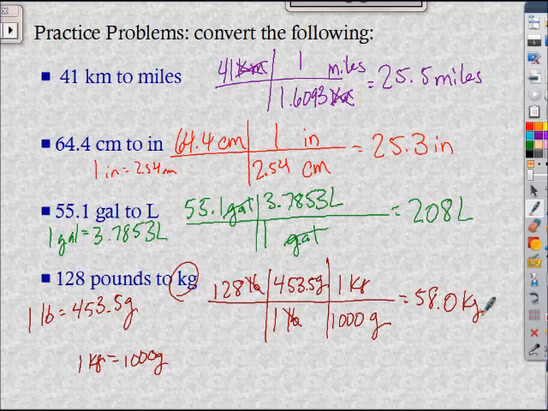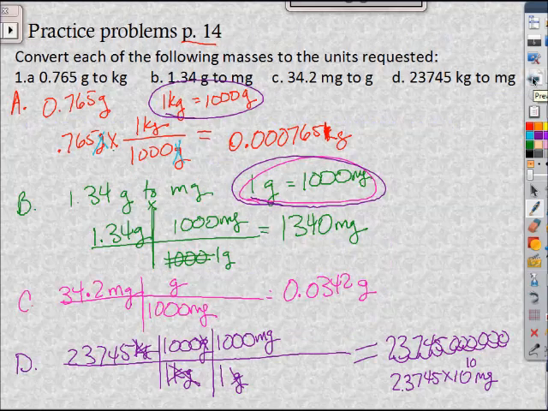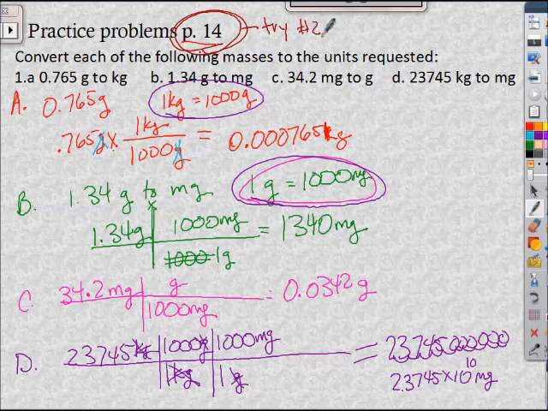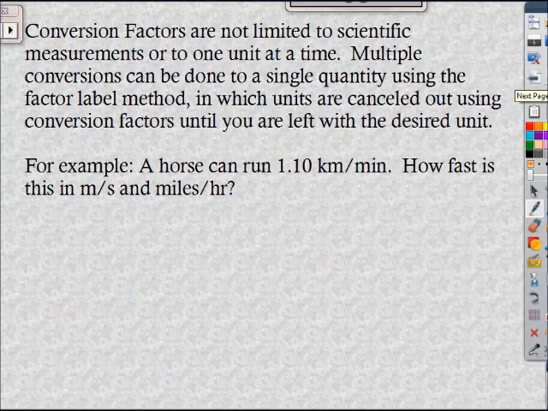What I'd like you to do now is go back to the previous practice problems on page 14. Try some of these on your own. Try to do number 2 and 3. Okay? If you can get those done, look in the back of the book, see if you can get them right. Okay?